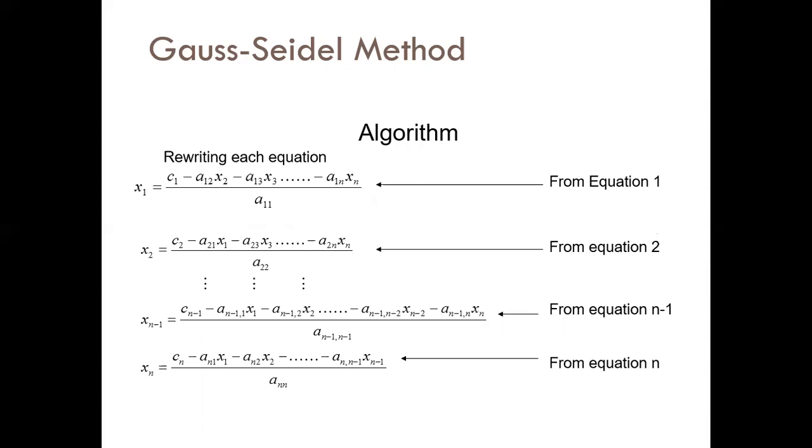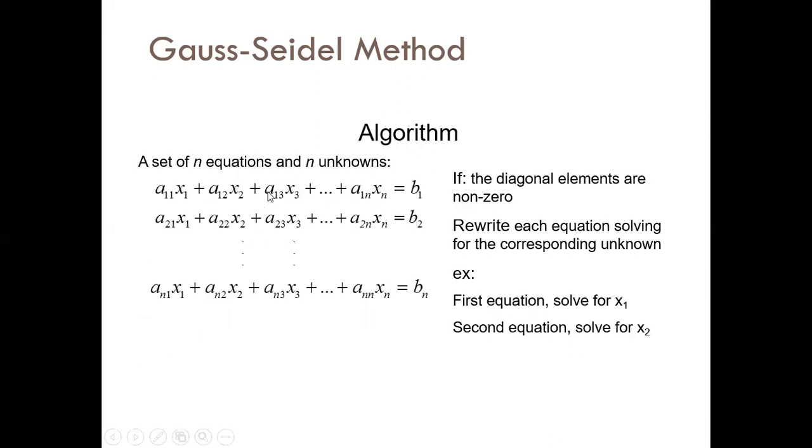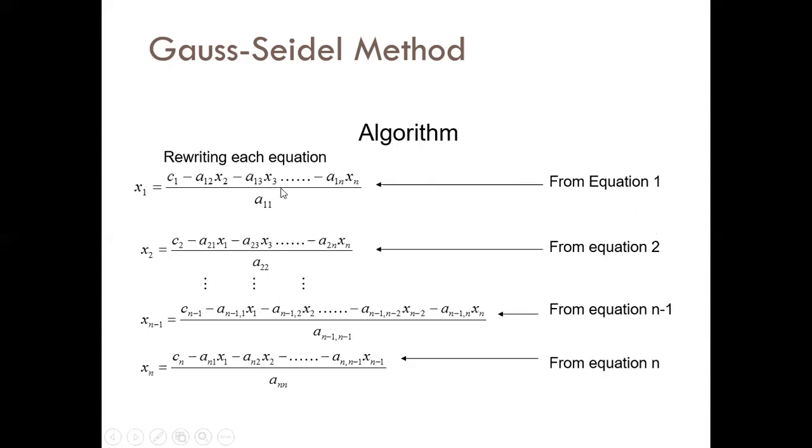From equation 1, x1 is equal to b1 minus a12 x2 minus a13 x3 minus up to a1n xn, divided by a11.